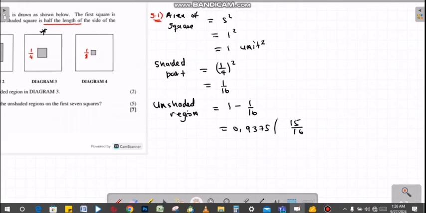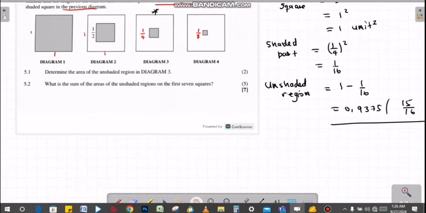Okay, so the unshaded part is 0.9375. That's the unshaded part in diagram 3.